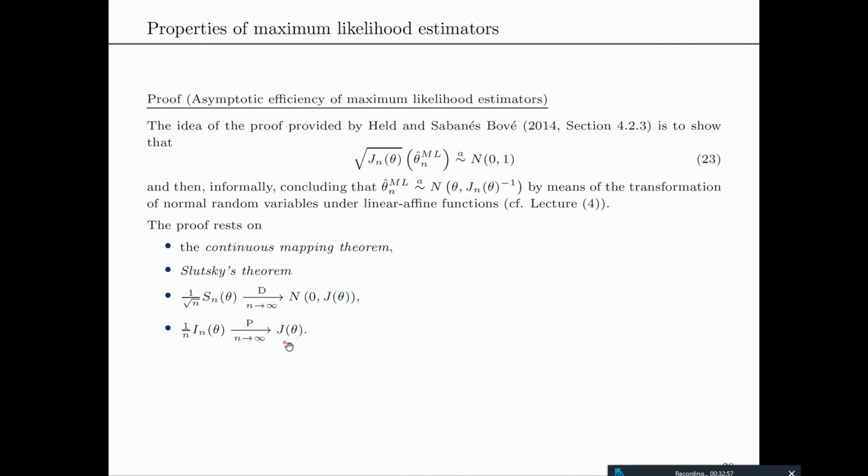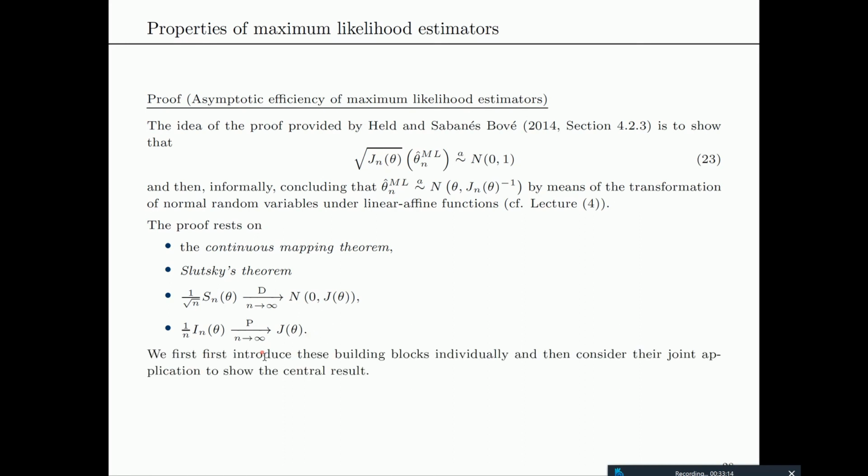And one needs the convergence in probability of the Fisher information, not the expected Fisher information, to the expected Fisher information. So ideally one knows what the continuous mapping theorem is, what Slutsky's theorem is, and why these things follow. So this is then what is introduced on the next slides.